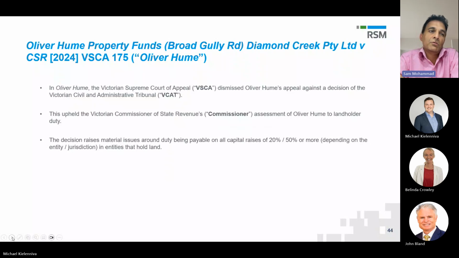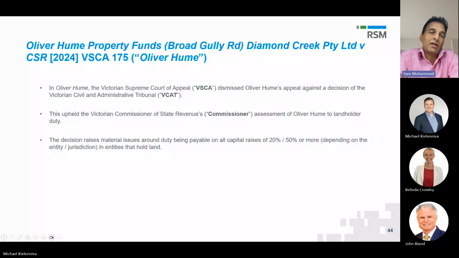It had some funds that were lent to it by the parent entity, and in order to, one, pay back that loan, and two, have sufficient funds to undertake the property development, it put together an information memorandum and put that out to select potential investors that were previous investors in Oliver Hume projects or were known to Oliver Hume, as potentially wanting to be involved in property development. So it went out to a reasonably large number of potential investors, and it was subscribed to 99.99%.